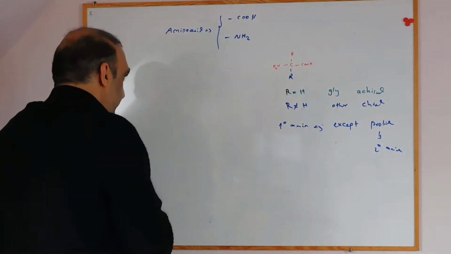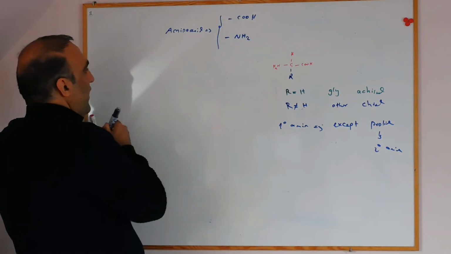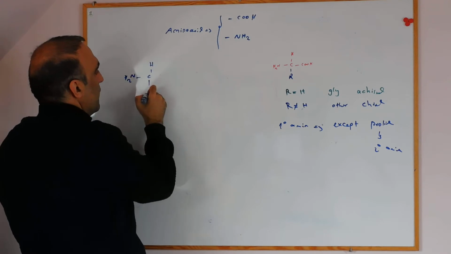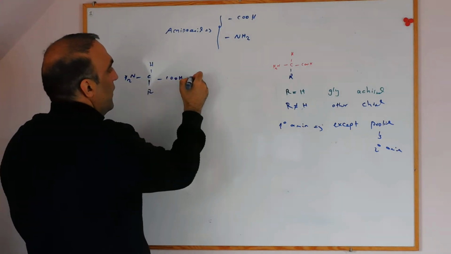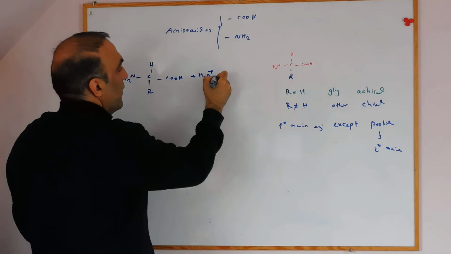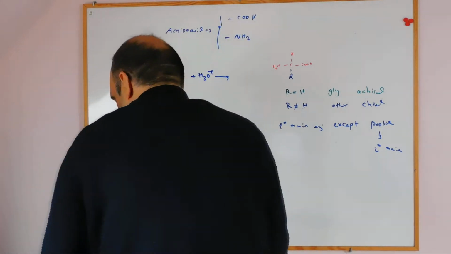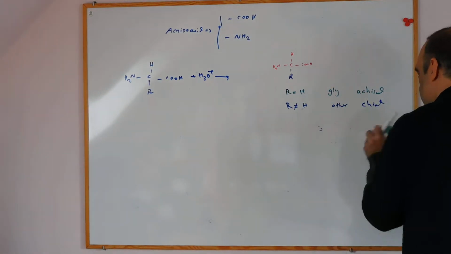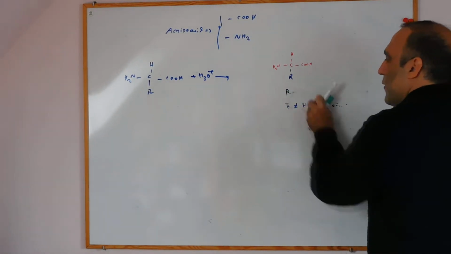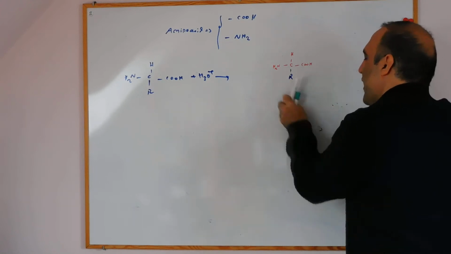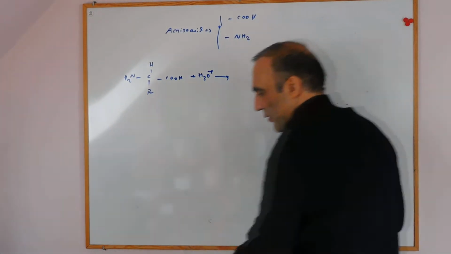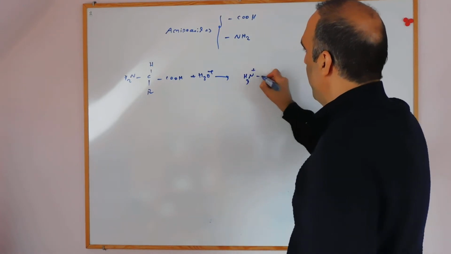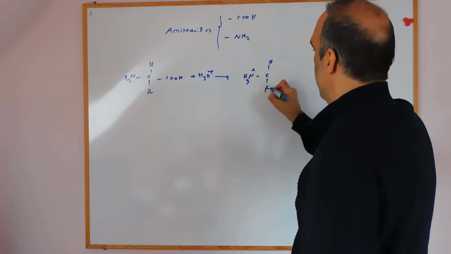For example, if we have an amino acid in solution and it reacts with acid, the amine group can accept a proton and become NH3 positive.